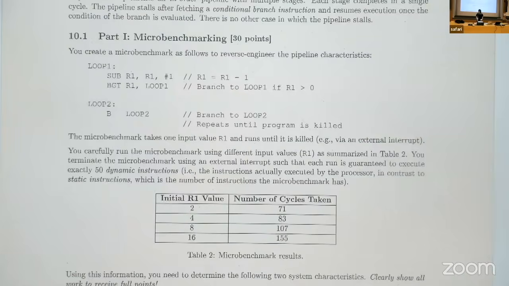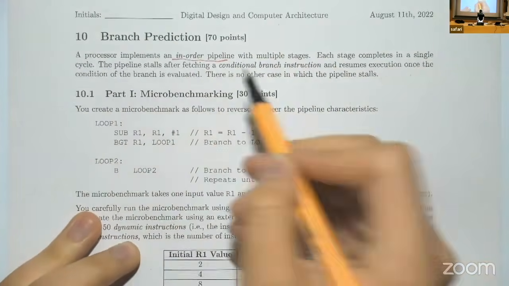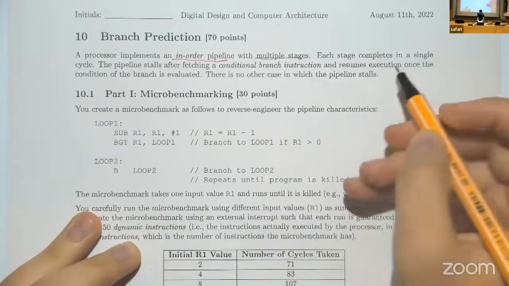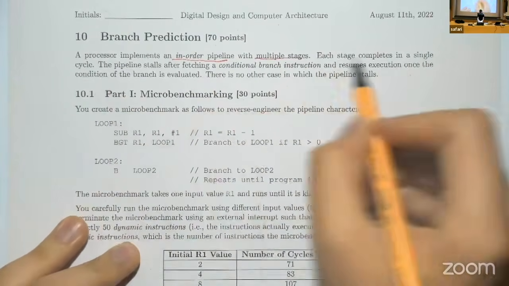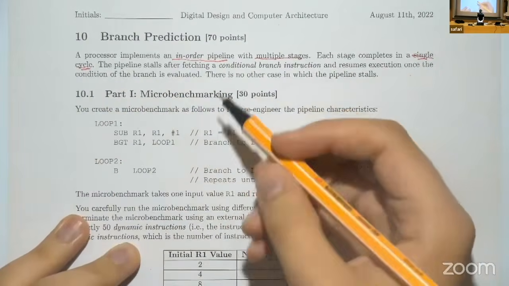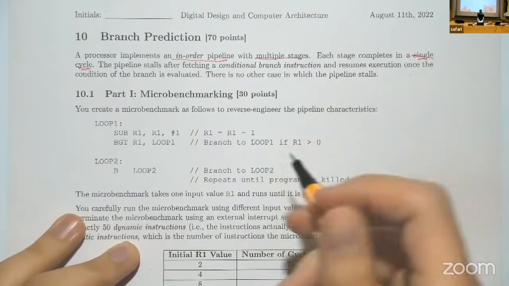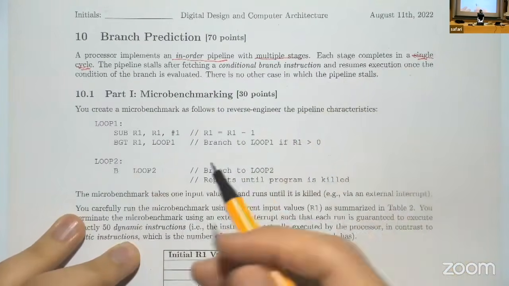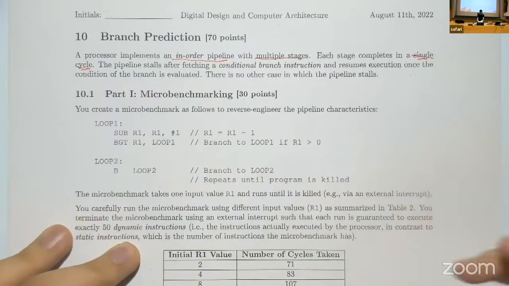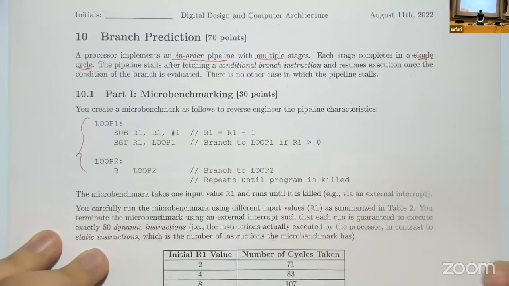We know that the processor implements an in-order pipeline with multiple stages, and each stage completes in a single cycle. It only stalls after we see a conditional branch instruction, and at other times we just complete all instructions without stalling. So here we have a code.